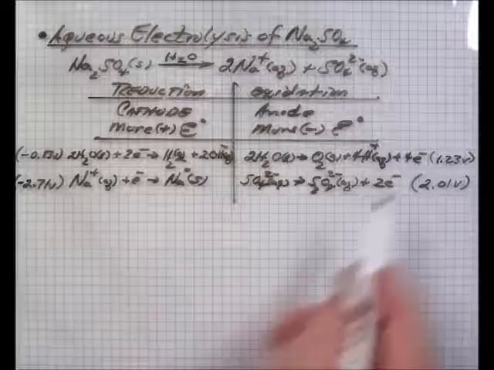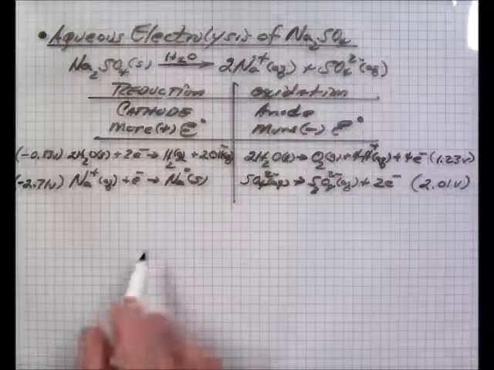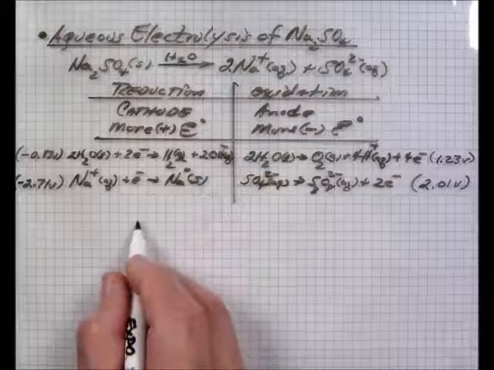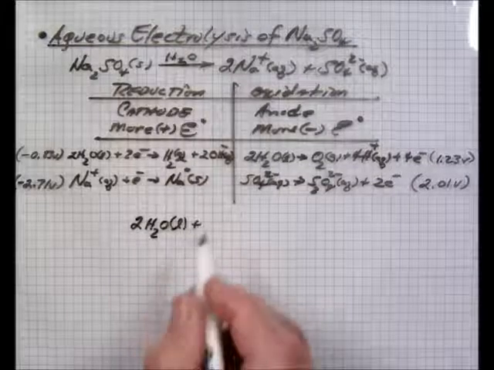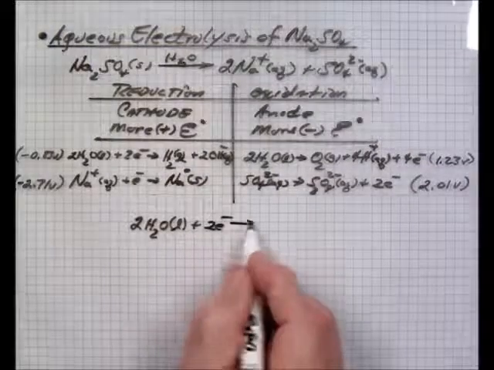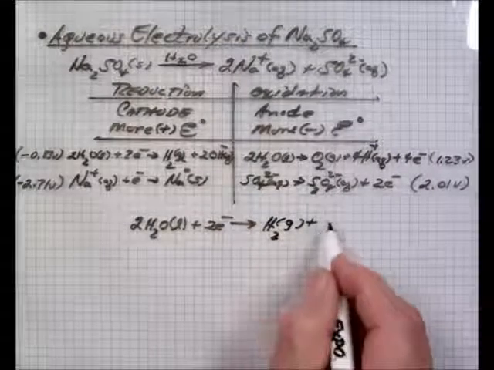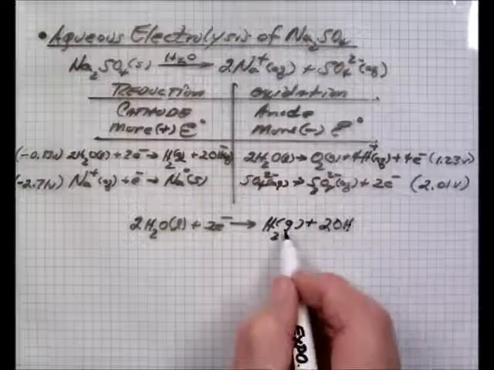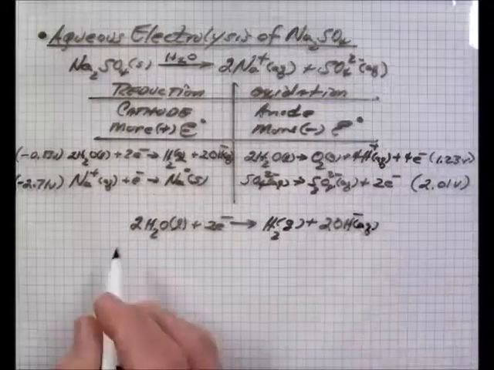And when we compare those values, now we add them together. So we'll take the 2H2O as liquid, plus a couple of electrons, goes to H2 plus 2 hydroxides, aqueous, right there.